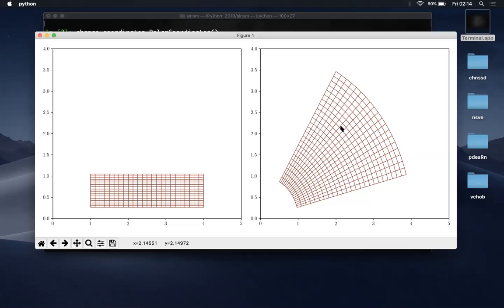To simplify the integration using polar coordinates, the inverse image of this region here is just a rectangle. So in this case, you can see that the radius is from 1 to 4, and some angle between this and this.